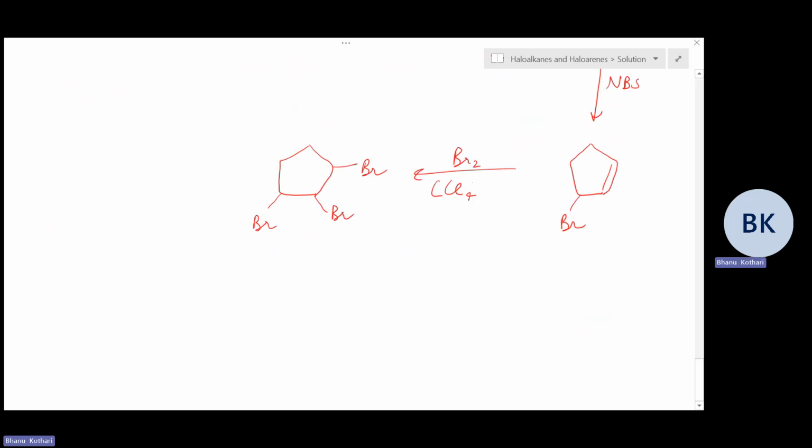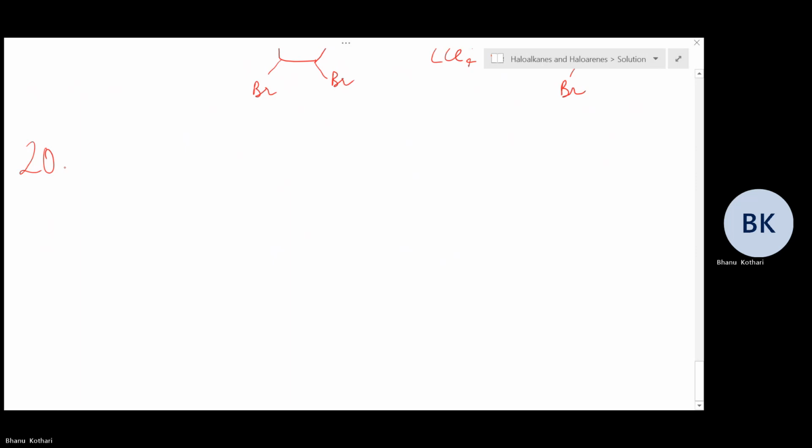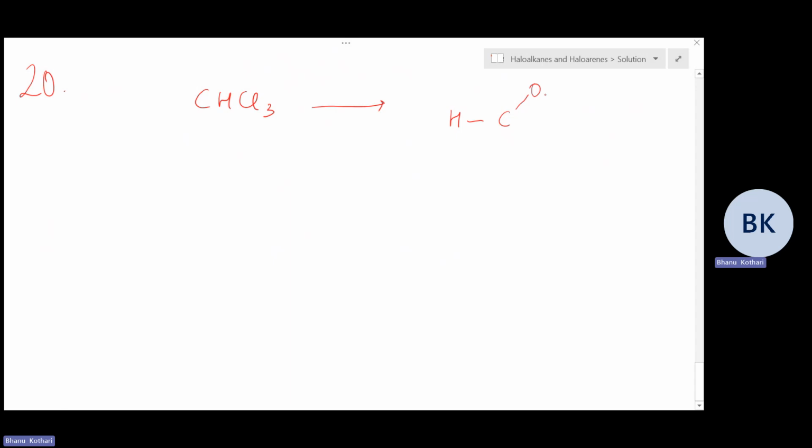In question number 20, in the below given reaction, A is CHCl3 on reaction with OH minus in aqueous solution. All three Cl atoms will be replaced by OH minus ions. We'll get H, OH, OH, OH. And then elimination of water will take place.